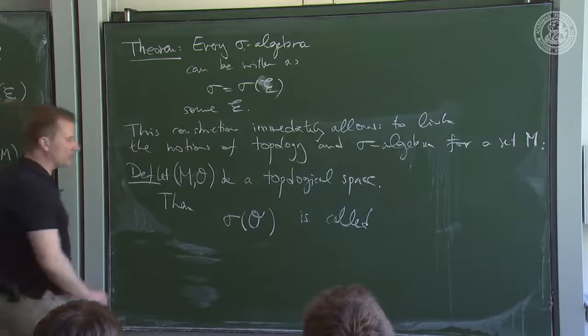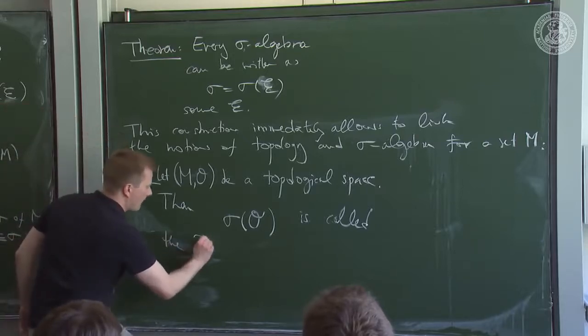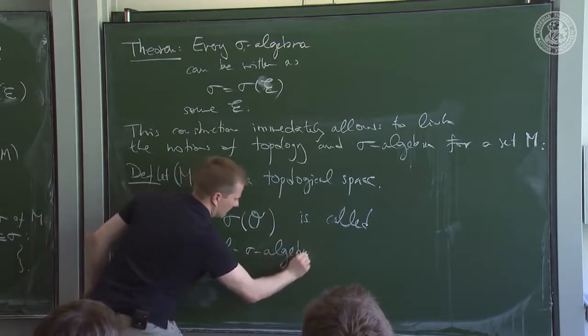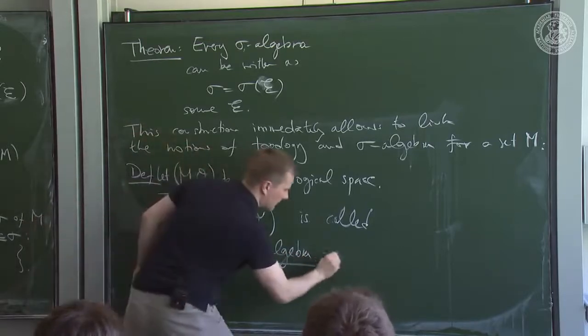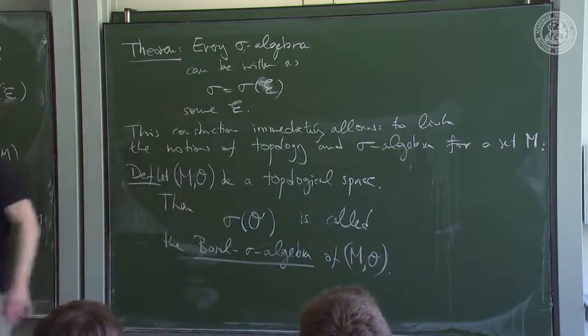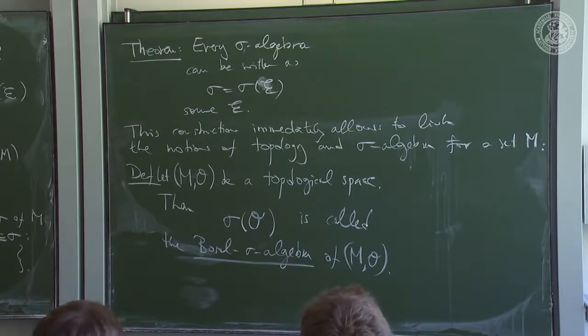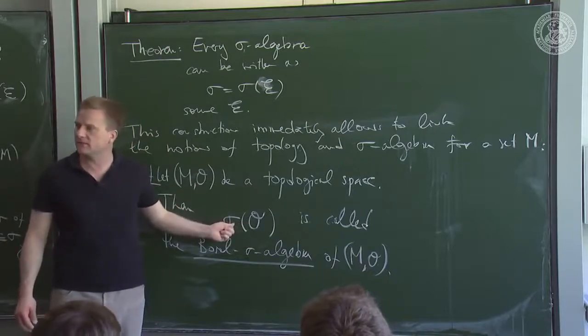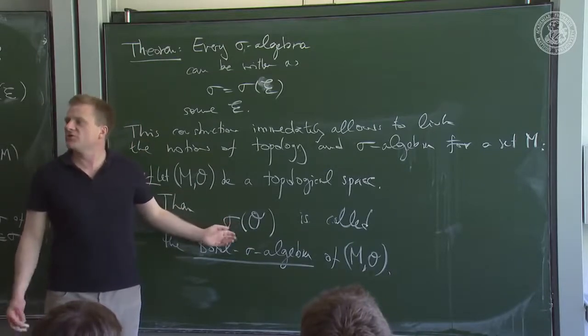Then sigma of O is called the Borel sigma algebra of (M, O), right? So only a topological space can carry a Borel sigma algebra, because the whole idea of the Borel sigma algebra is that you employ the open sets in order to generate it. Okay? So you can do this.